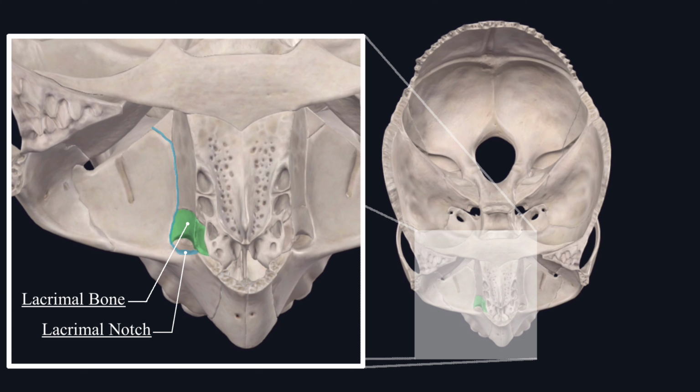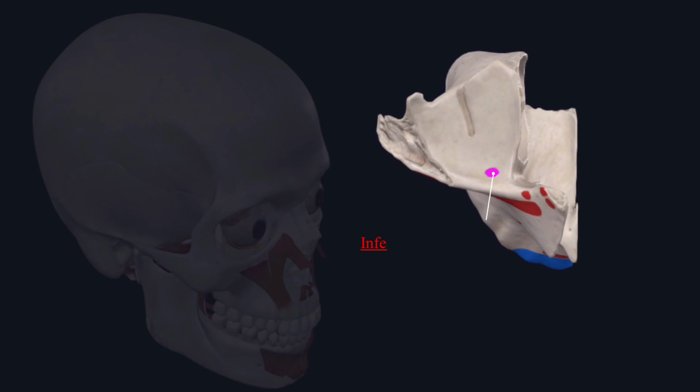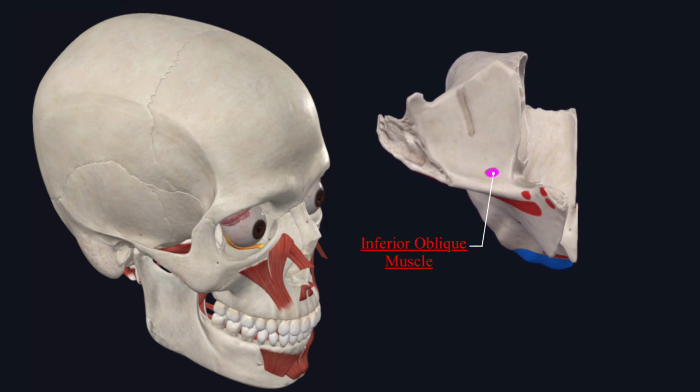Slightly more posterior, it is attached to ethmoid bone. And most posteriorly, it is attached to palatine bone. Slightly lateral to the lacrimal notch, the orbital surface gives origin to inferior oblique muscle of the eyeball.